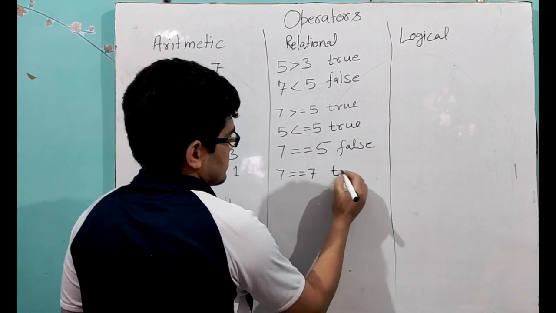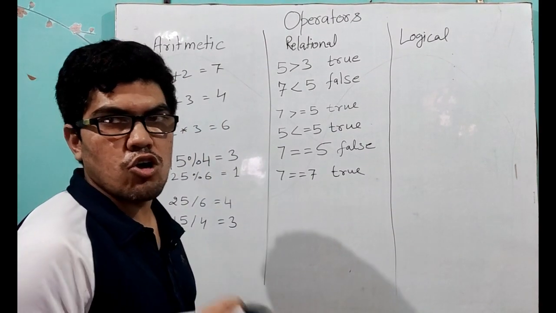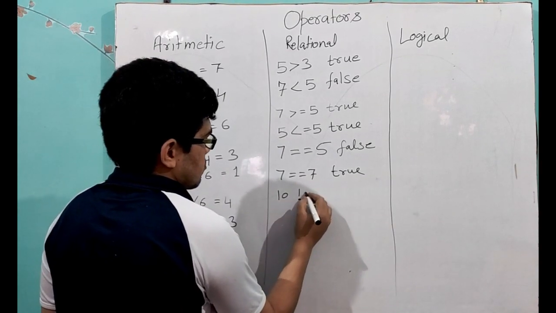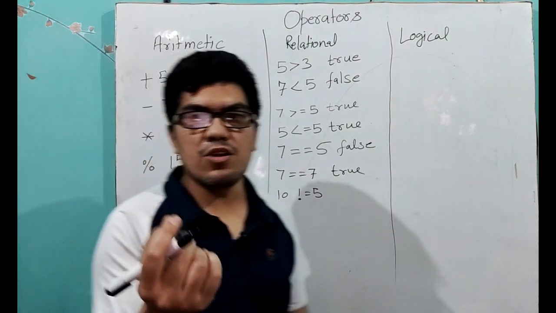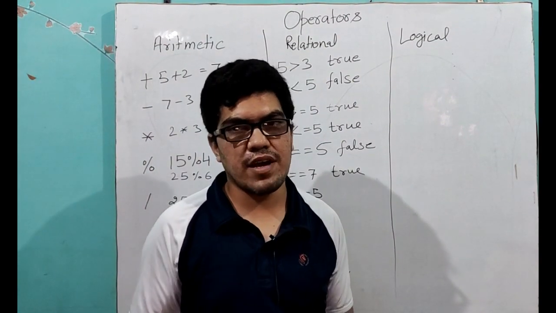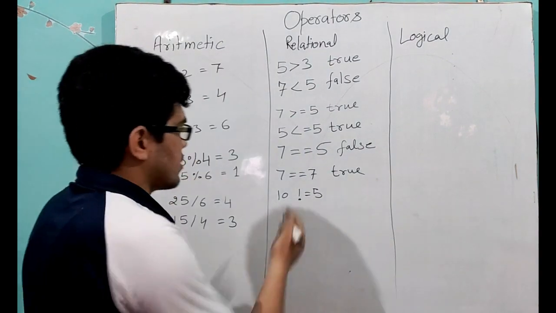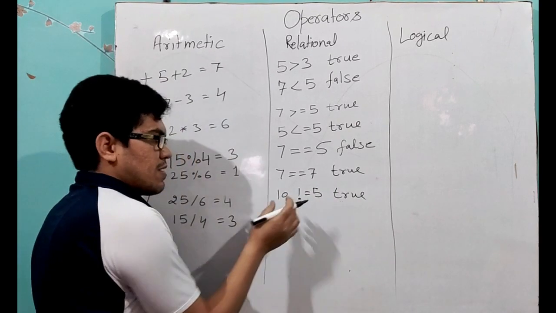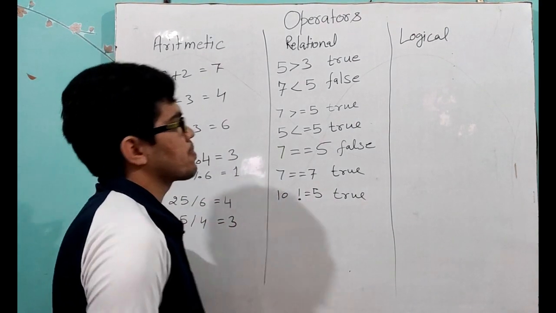So the answer is true. Just opposite of this operator is not equals to. 10 does not equal 5. Is the value 10 not equal to 5? Yes, of course. Both are unequal. So it gives you true. If both are equal, then false. If not equal, then true.